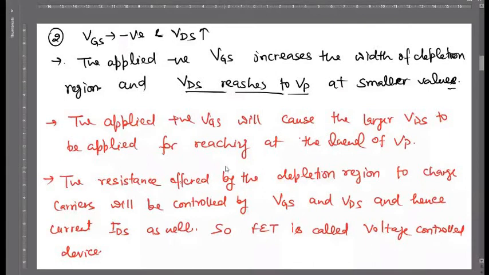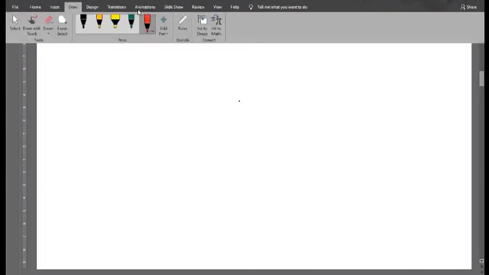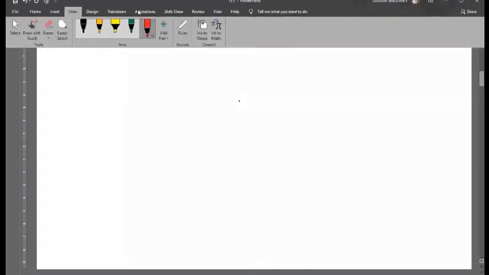Yes, if I draw the characteristics, so can you draw the characteristics? Yes, definitely we can draw the characteristics. Transfer characteristics, we generally call it transfer characteristics. Output characteristics, VDS and ID.